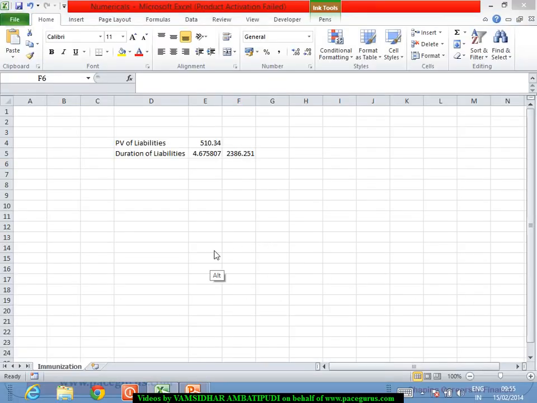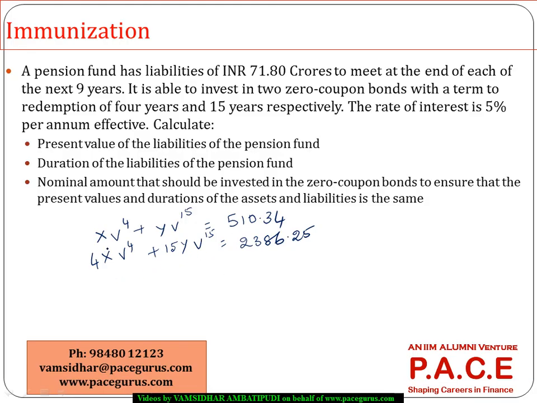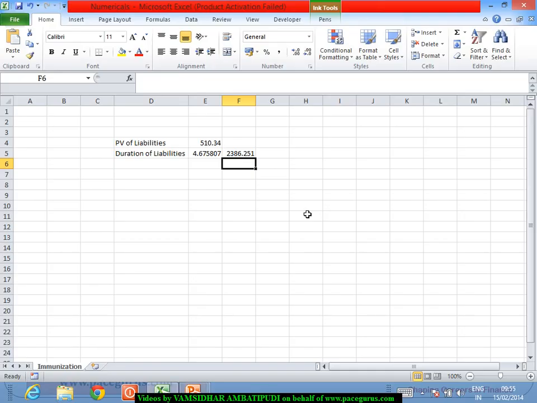These are the two equations. Now probably I can do a simplification and find x and y. So multiply the first one by 4. It gives me 4x v^4 plus 4y v^15 is equal to 510.34 into 4.